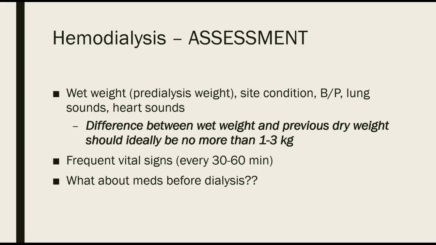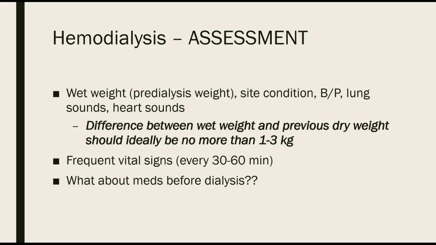The reason for that is because if there is a higher wet weight at the start of dialysis, that means it's going to require more fluid to be pulled off during that dialysis session. And that's going to potentially lead to hemodynamic instability. So we want to keep that difference of weight between 1 to 3 kilograms.